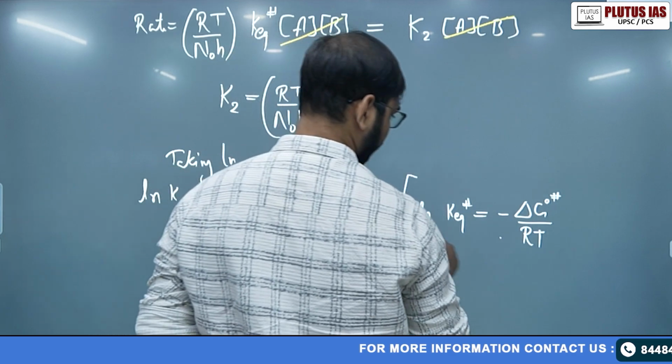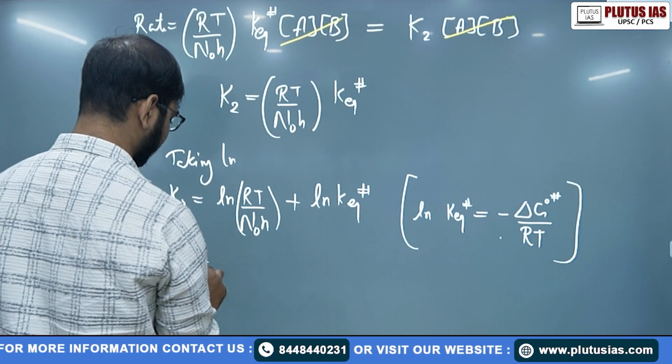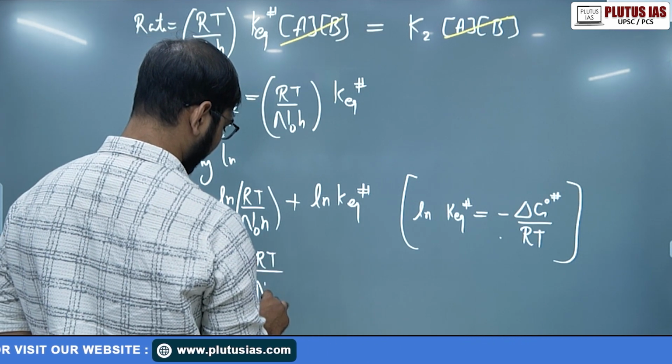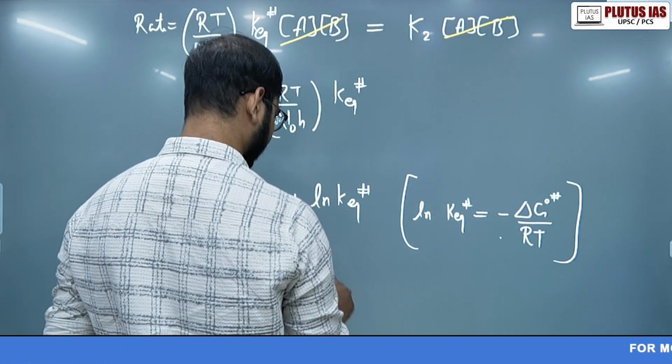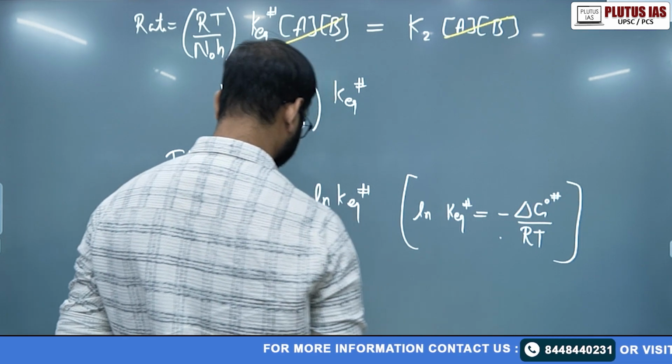Now we know this equals minus delta G naught by RT, so we can directly utilize it as ln of K2 equals ln RT N naught by h minus delta G naught by RT.